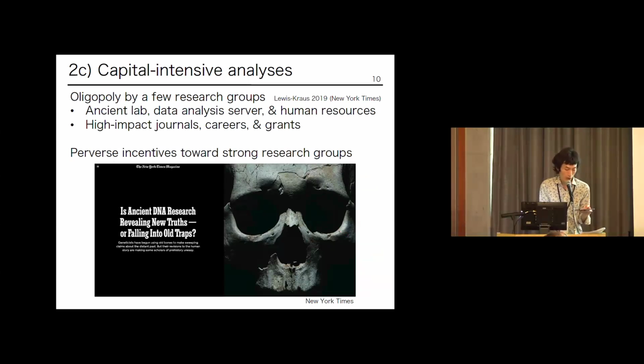Consequently, only a few groups worldwide could conduct full-scale ancient genomic analysis until a few years ago, leading to oligopoly. Research attainments, career opportunities, and fundings are concentrated in these groups, creating distorted incentives even for specimen managers.